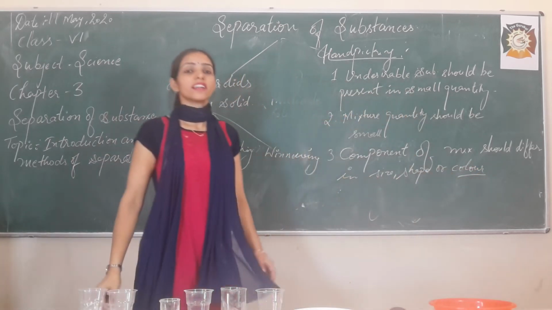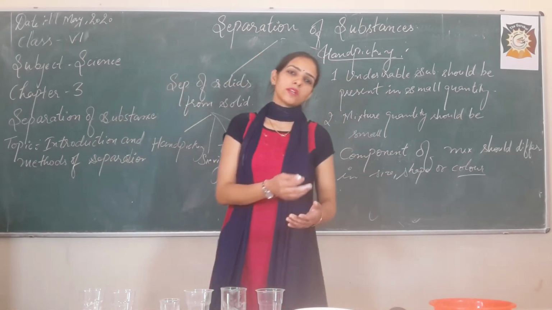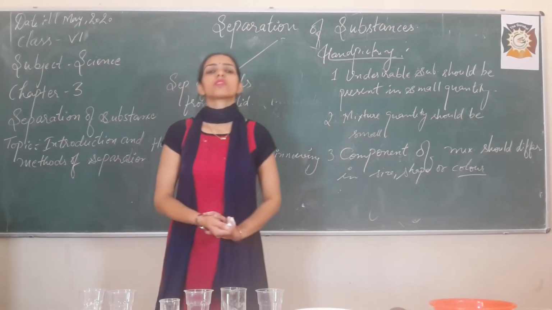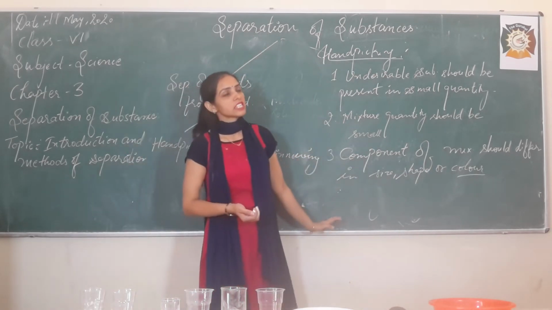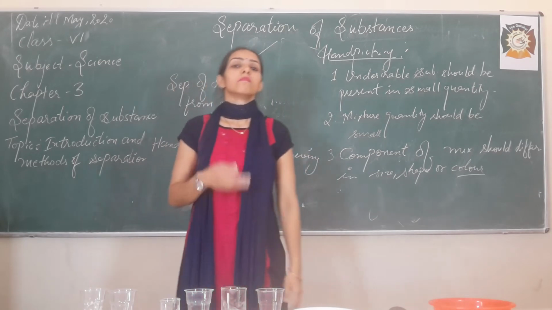At least they should differ. Only then will we be able to recognize them and separate them out fast. So these are the three conditions on which the hand picking method is based.